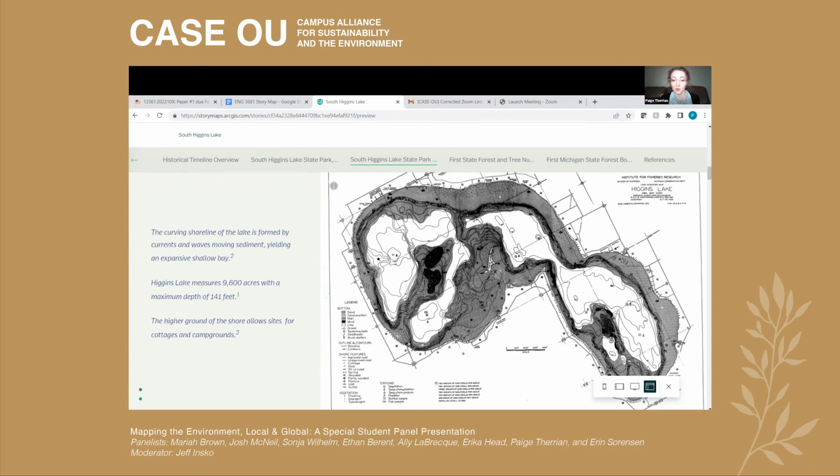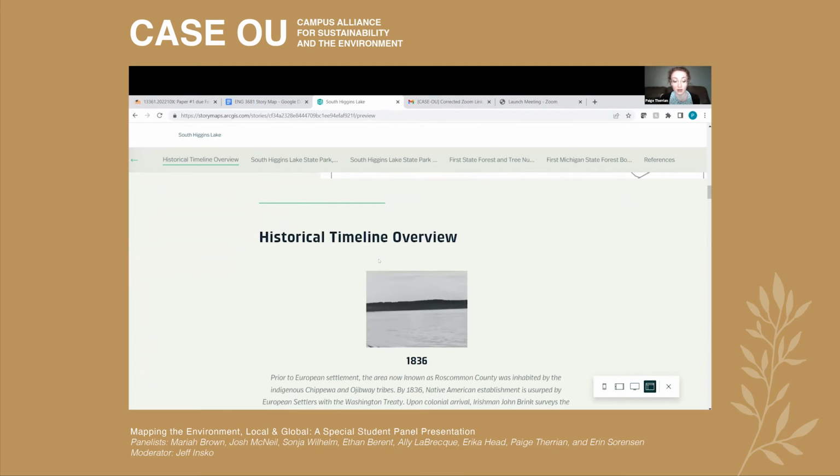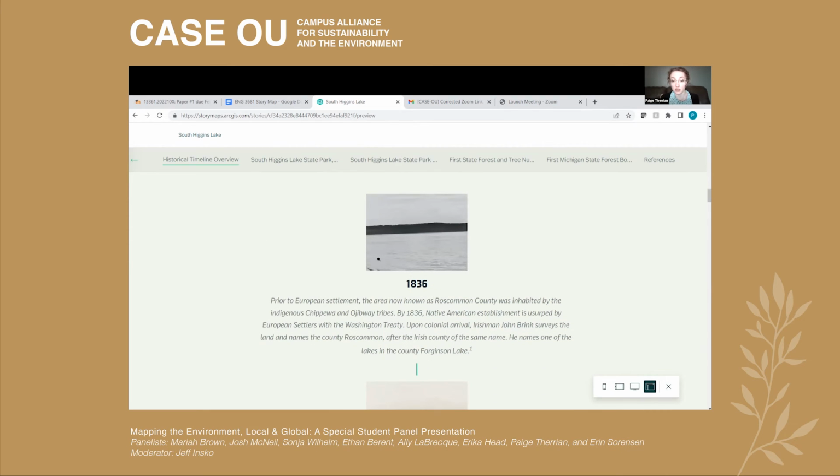So that brings us to a brief historical overview of human activity and exploitation. Prior to European settlement, the area now known as Roscommon County was inhabited by the indigenous Chippewa and Ojibwe tribes. But by 1836, Native American establishment is usurped by European settlers with the Washington Treaty.